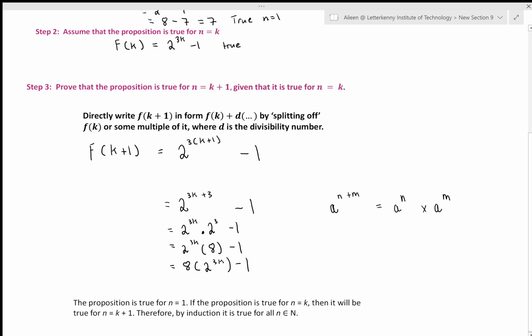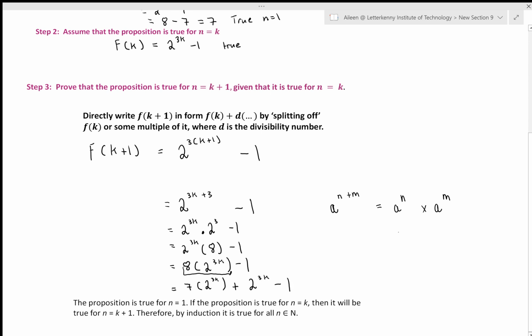We now want to split this term so we can write our f of k plus 1 in the form of f of k and some remainder. So this is the same as writing 7 times 2 to the power of 3k plus 2 to the power of 3k minus 1.